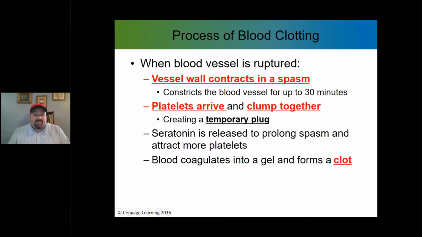And then you'll have these platelets that'll come out of solution and they'll clump and form this temporary plug, which will then send out chemicals from that site to attract more platelets to the area, as well as other blood cells that'll come and form this clot, which will help to block the damage of the blood vessel, and then eventually lead to the healing of the vessel as time goes on.